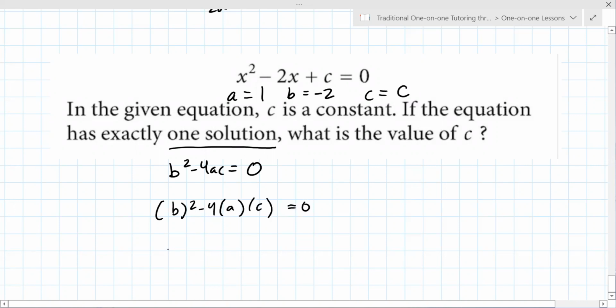So b is negative 2, a is 1 and c is c. You have to solve for c.